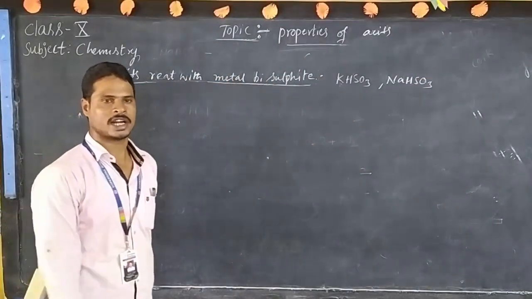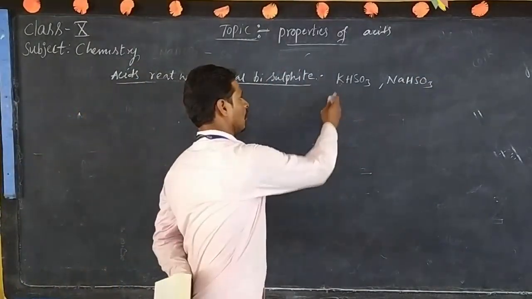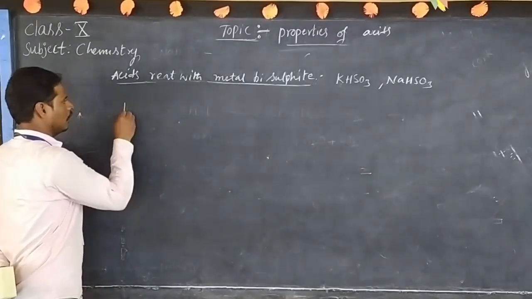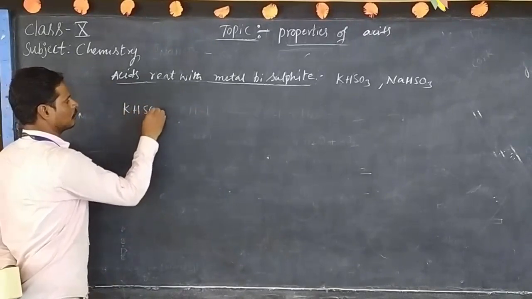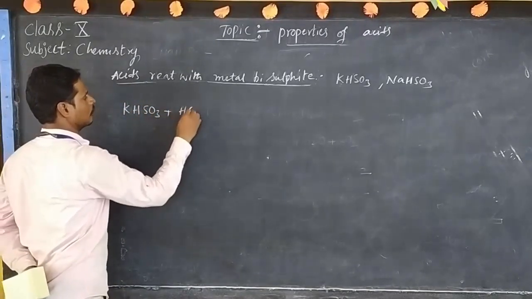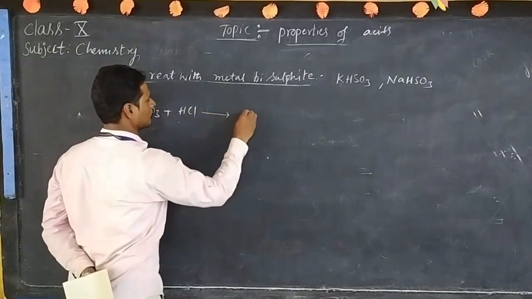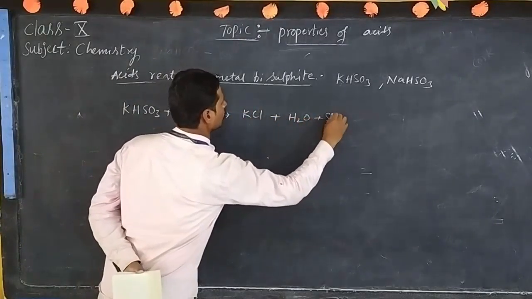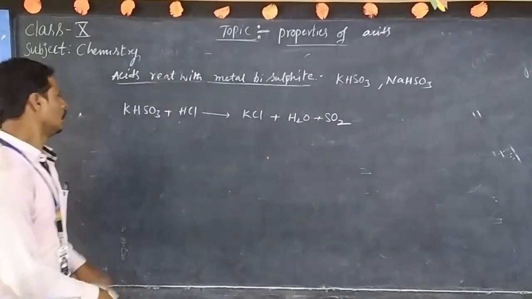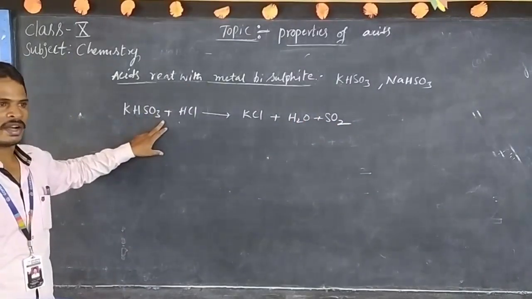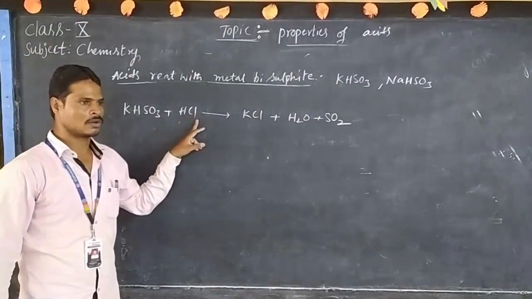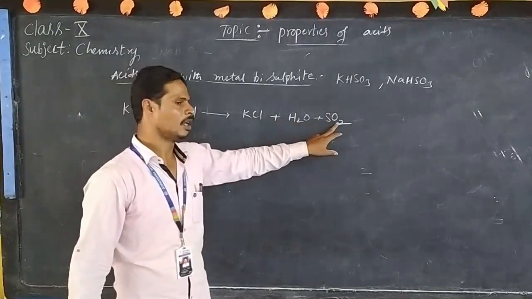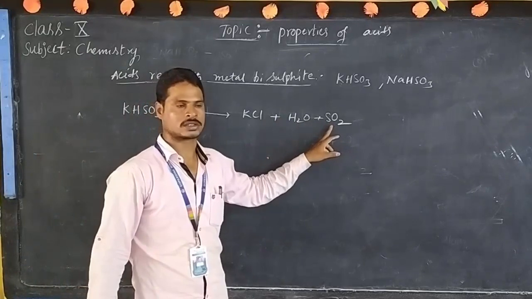What happens when acids react with the metal bisulfites? Metal bisulfite reacts with hydrochloric acid to form salt, water and liberation of sulfur dioxide.